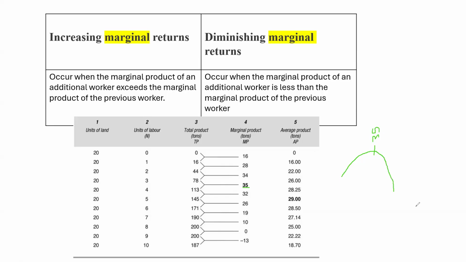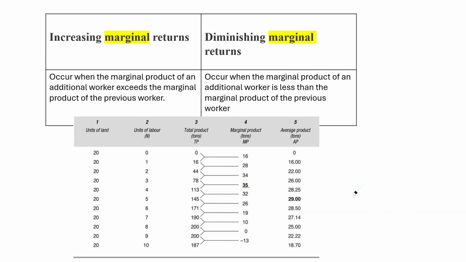Because now your marginal product, this is MP, decreases. And then you have this. It will decrease until it reaches zero here, and then goes to negative. Yeah, so that is what you have.